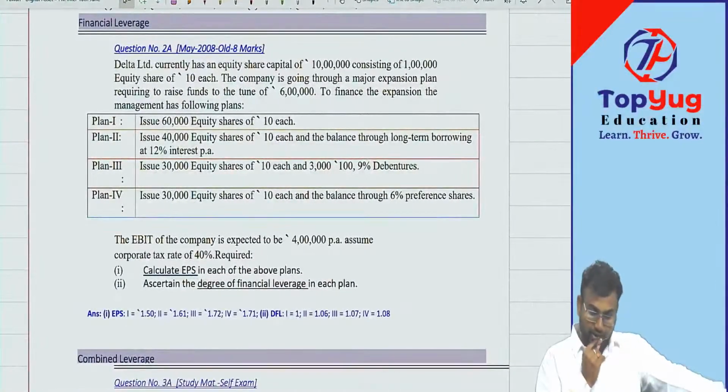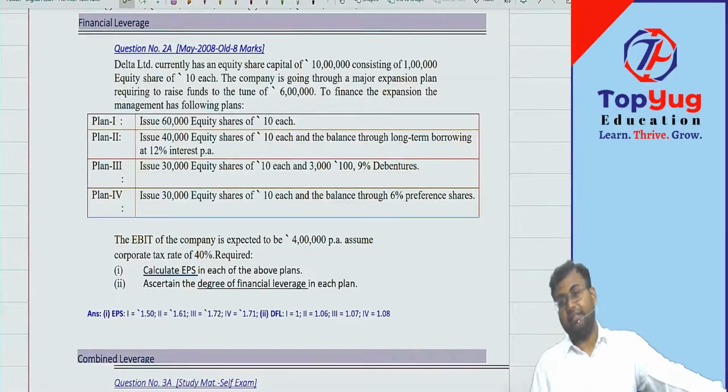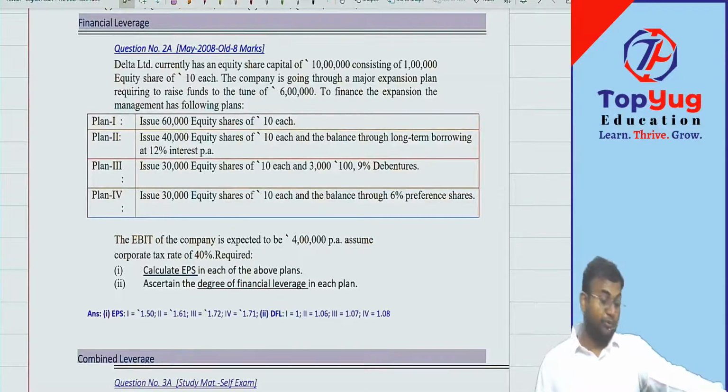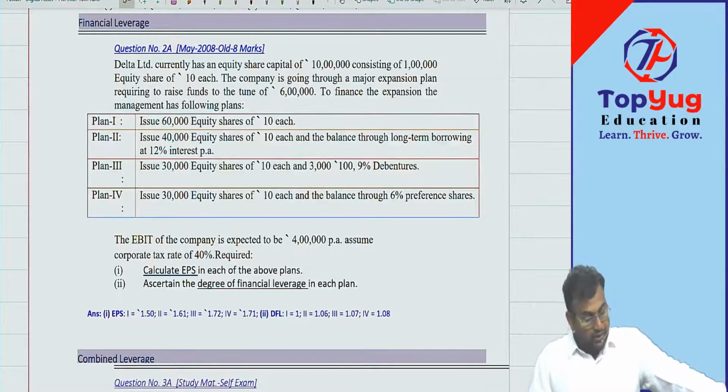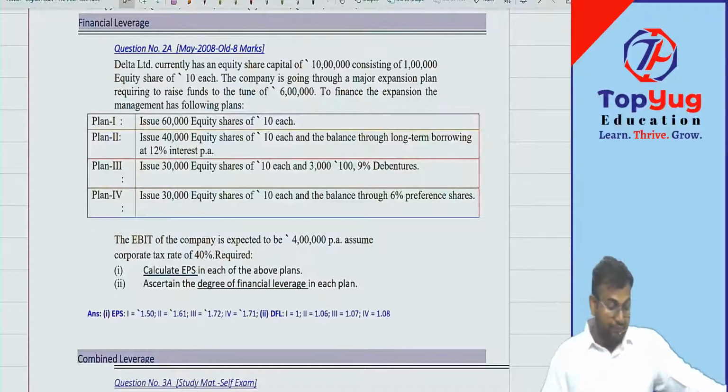So this problem looks a little longer. Please read out the problem with utmost care. Question 2A. And this is also an old syllabus problem which has come for 8 marks.